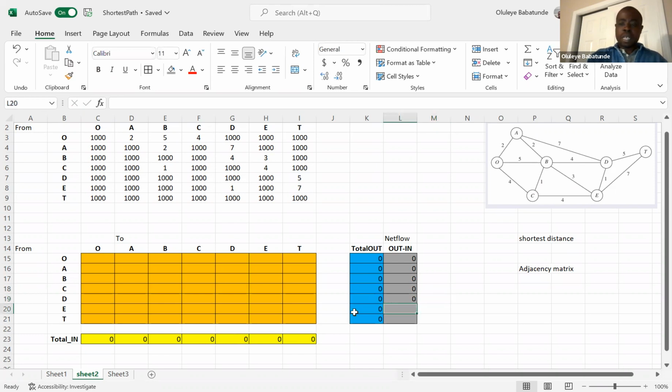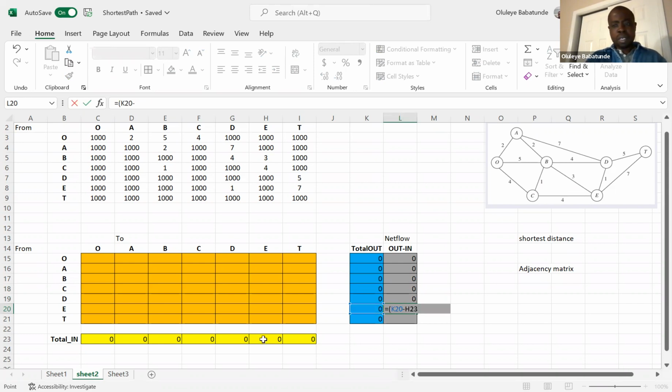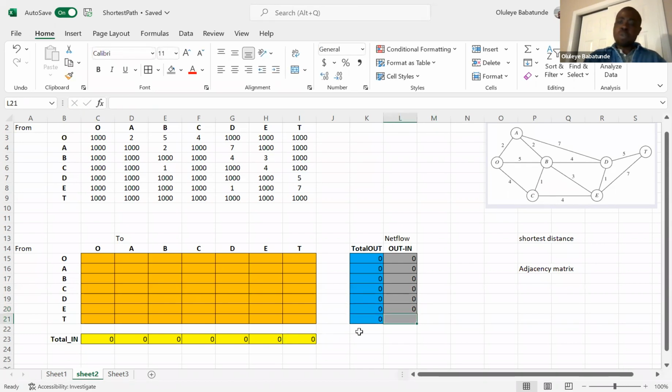Again, equals sixth blue cell minus sixth orange cell. You got that, equals the last one, seventh blue cell minus seventh orange cell. All right, so that is the net flow differences between the total out and the total in.